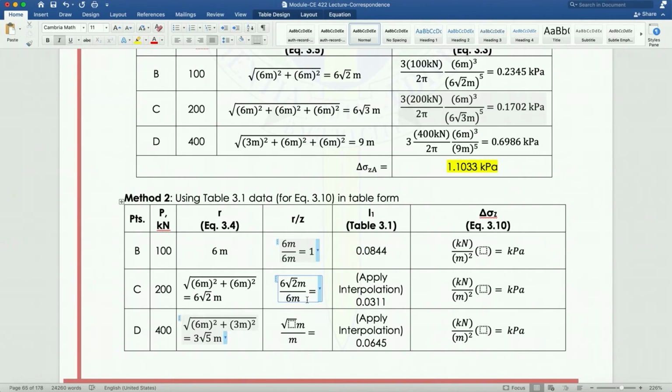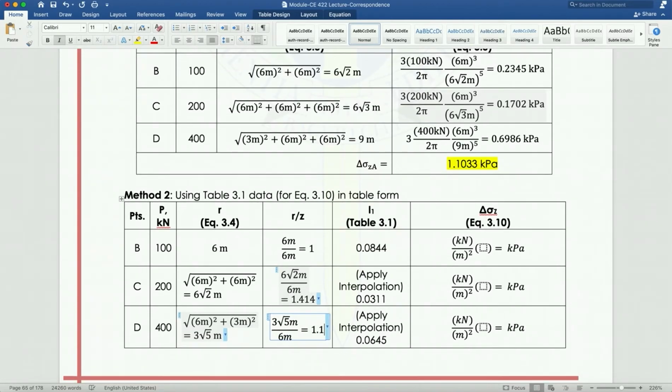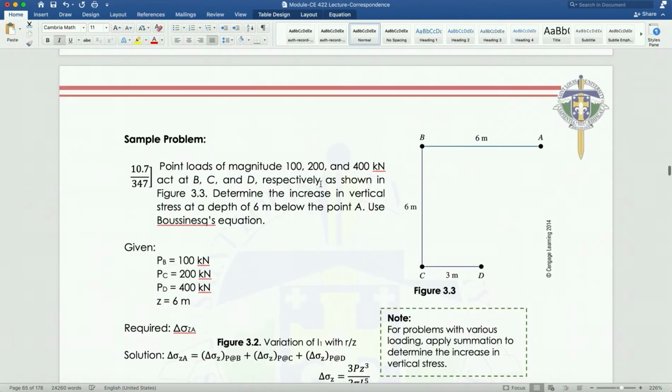But we need it in decimal since the table is in decimal. So that is equivalent to 1.414. 3 decimal lang kasi yung nasa table natin, so we use 3 decimals. And here we have 3 times the square root of 5 divided by 6. So that is 1.118. Okay, so titignan natin dito, R over Z is equivalent to 1, 1.414, and 1.118.